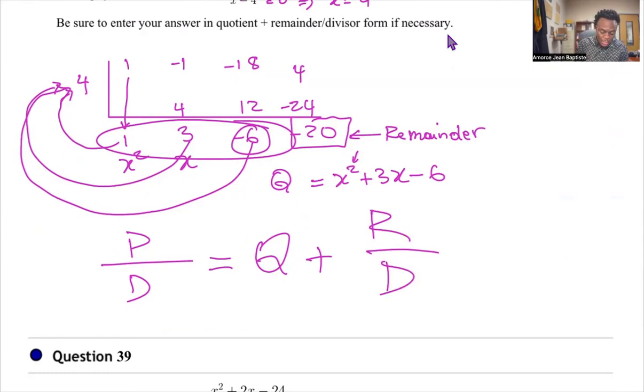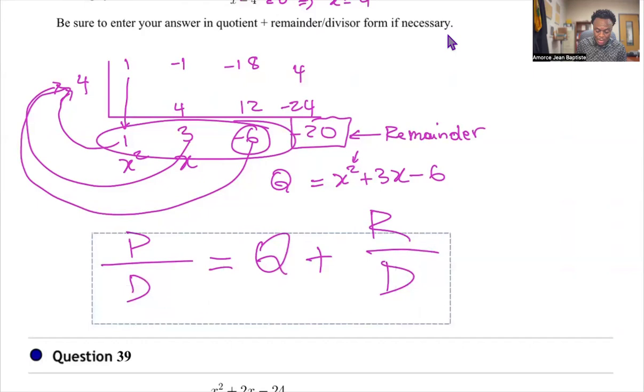So if we follow this pattern, we have Q already and we have everything else.